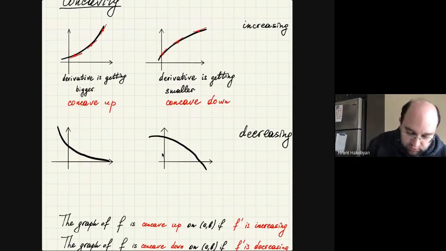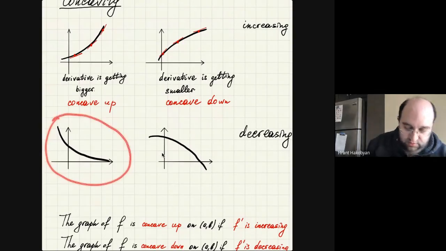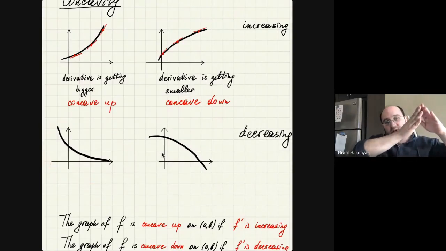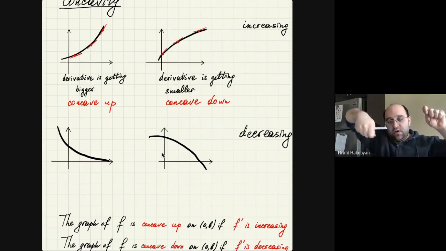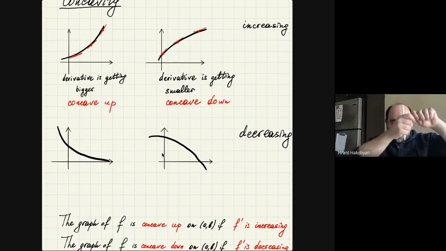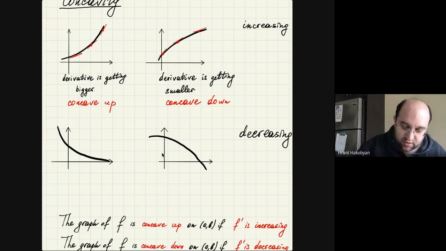So let's see what happens to this one. This one is decreasing, but am I trying to bend it up or bend it down? Well, I'm trying to bend it up, right? More precisely, we can look at the derivative at this point. It's a negative number at any point here because it's a decreasing function, so the slope is always negative, but it becomes more and more positive.